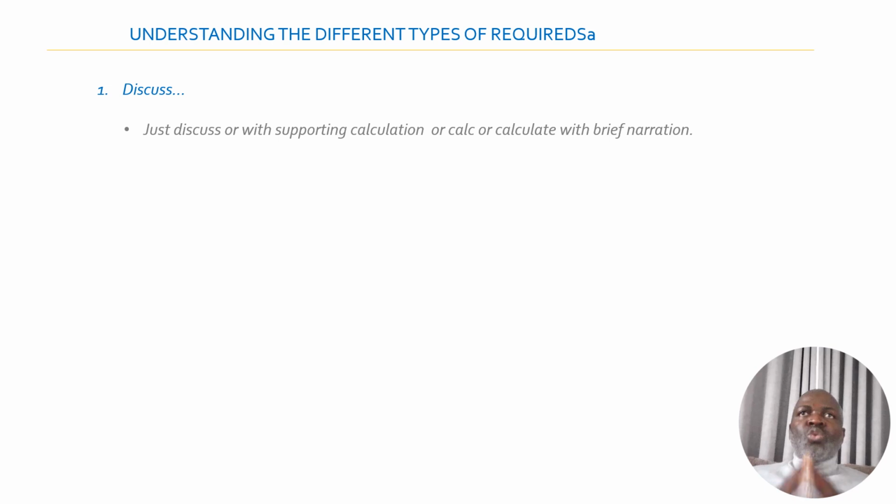You need to be good at telling the examiner that the key issue or the principle at play is this. You get a mark for that. You need to demonstrate to the examiner that this is how I have applied that key principle that I have identified to this particular problem. You get a mark.